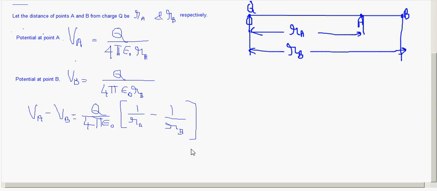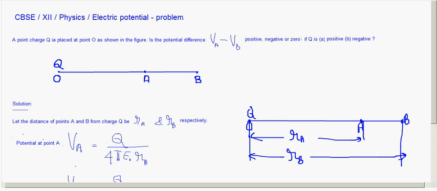Now we need to know the sign of VA minus VB. In the figure it is clear that RA is less than RB, so 1 by RA is greater than 1 by RB.